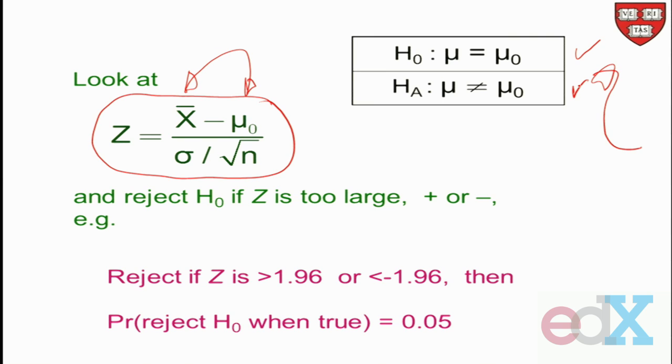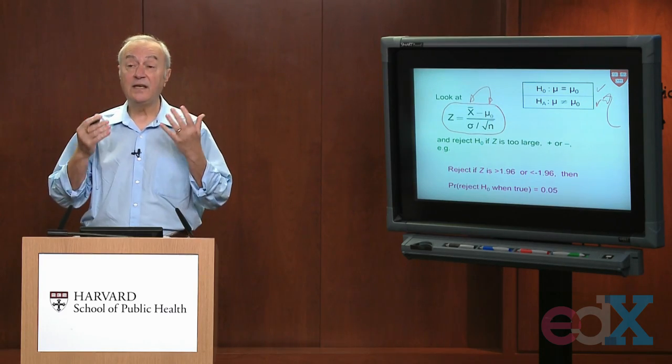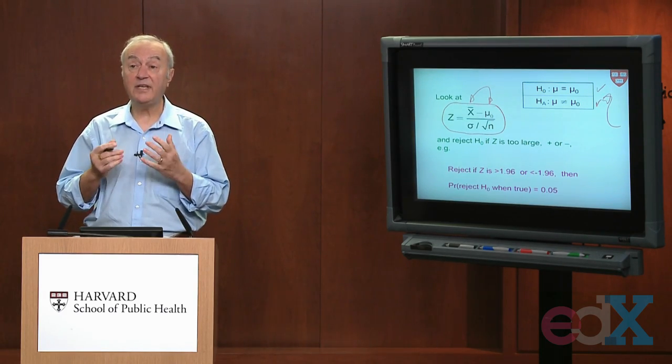So let's look at z. And what we're going to do is reject if z is too large, plus or minus. So we know that this is a standard normal, which means it should be between minus 1.96 and 1.96 95% of the time.